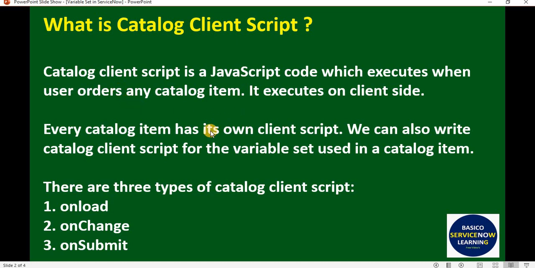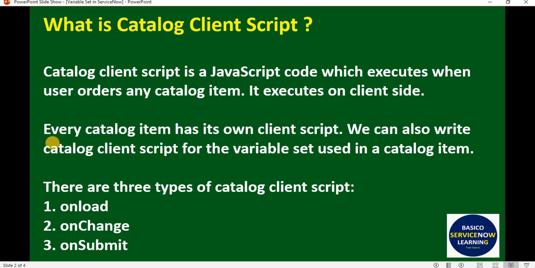But a client script executes on a specific table such as incident, problem, change, etc. When we write a client script, we select a table on which we want to execute, but this catalog client script will execute only for the catalog item for which we are writing code. So let's do a practical implementation and understand the concept of catalog client scripts, all three types in detail, and we'll do scripting for a specific use case.